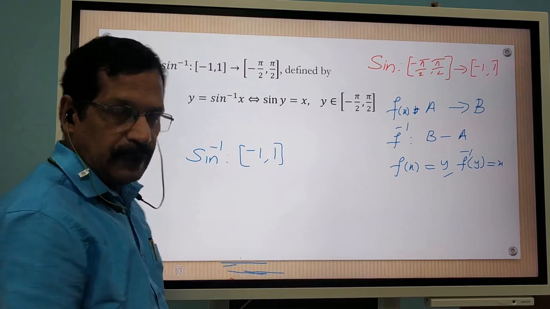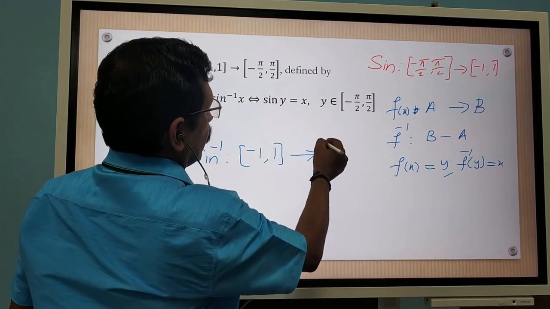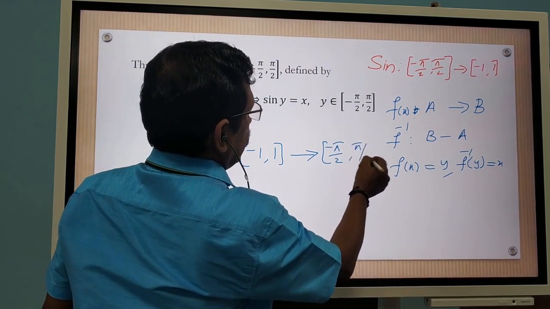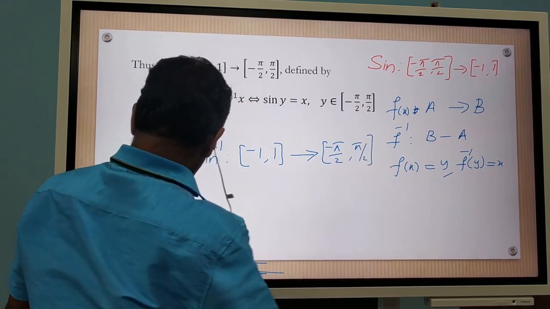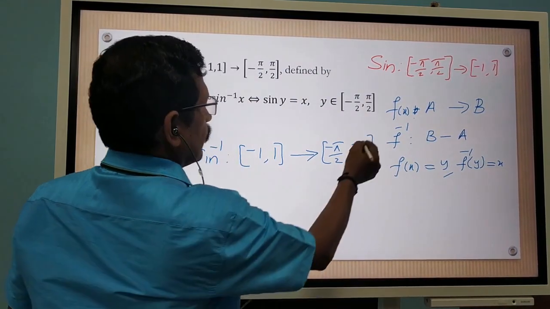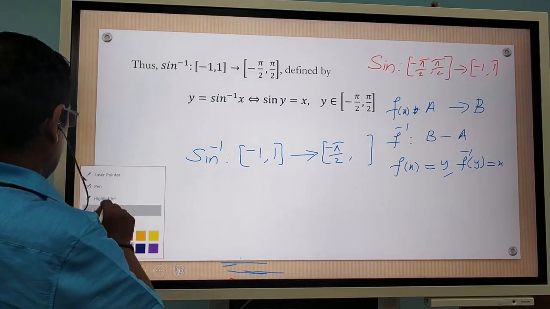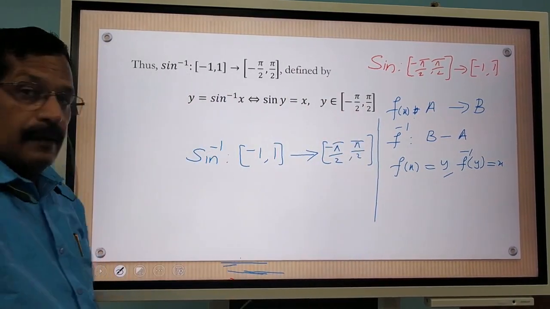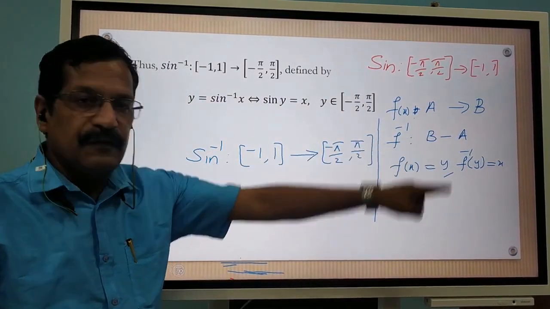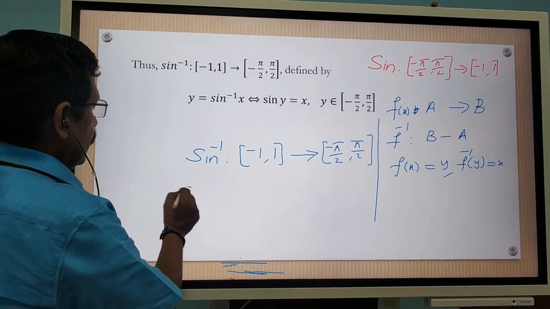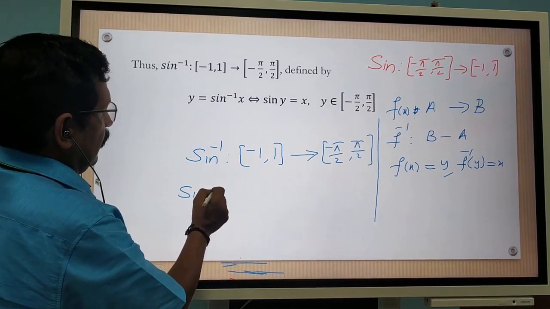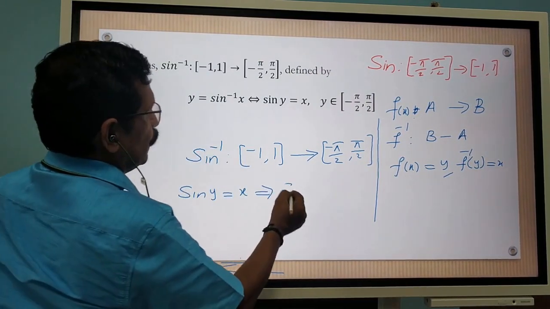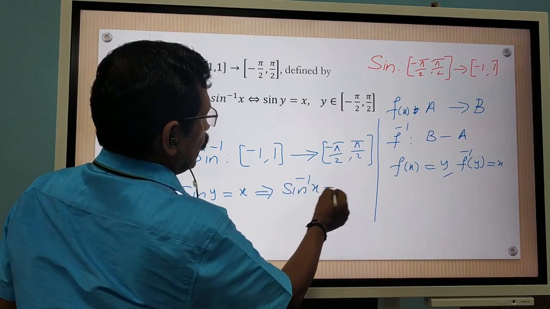The domain is [-1, 1], and the range becomes [-π/2, π/2]. Now, f of x equals y implies f inverse of y equals x. So sin y equals x implies sine inverse x equals y.